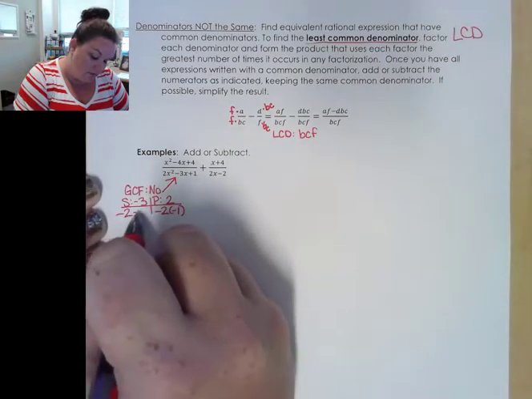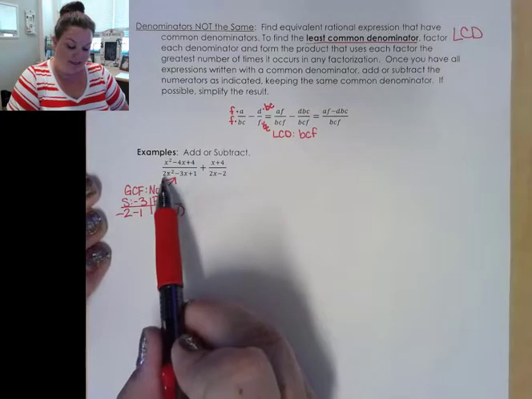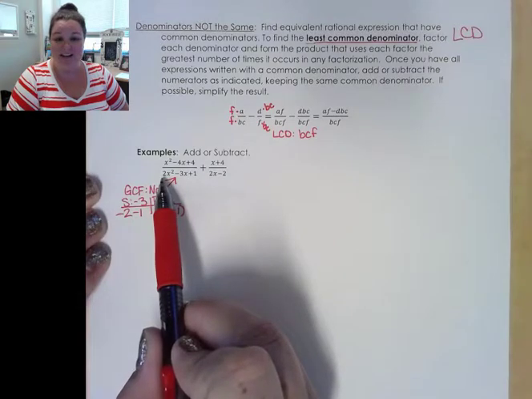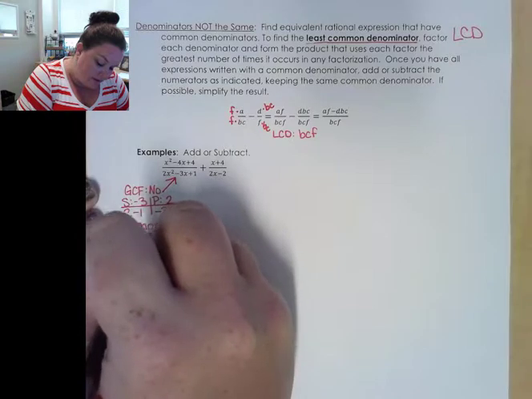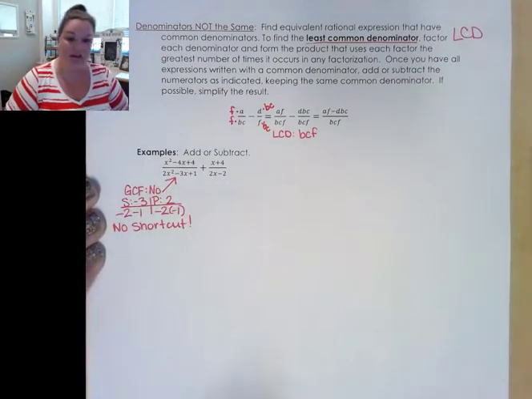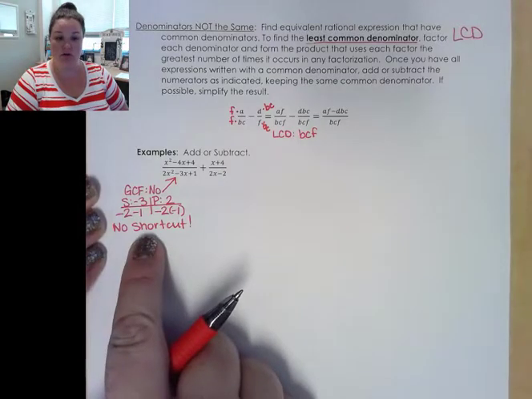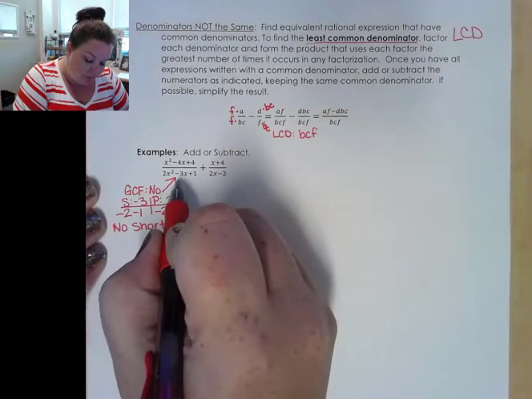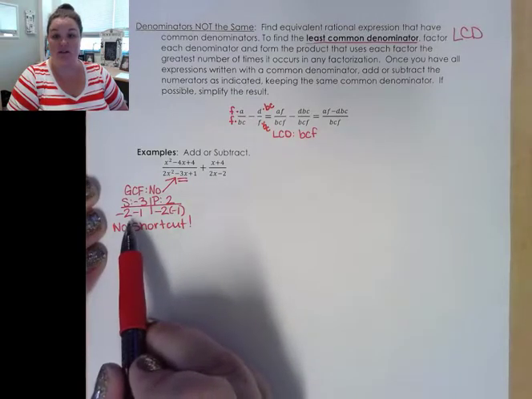So -2 and -1. Now I did teach y'all a shortcut for factoring, but remember we can only use that if our leading term is a 1, and here it's not. So I'm going to make myself a note that there is no shortcut available here. Womp womp, right? So if there's no shortcut available, what I'm going to do is replace the middle term with the 2 numbers I got in my chart.